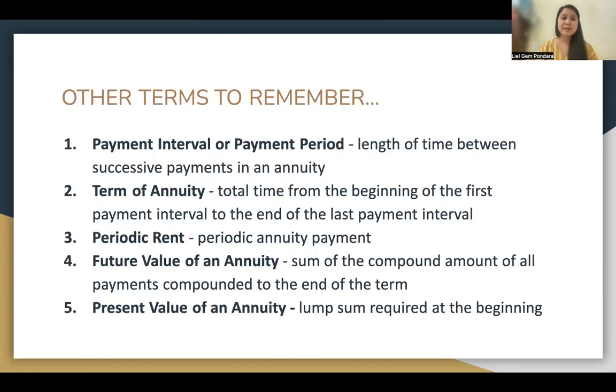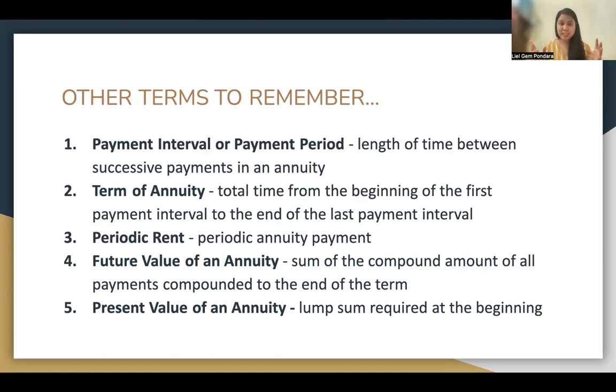Let's have more terms to remember for this class. First term is the payment interval or payment period. It tells us how often will you pay, for example every month. Then that monthly is what we call payment interval or payment period. Next, term of annuity is how long will you pay. For example, with Globe Telecom bill, you'll pay for 2 years.